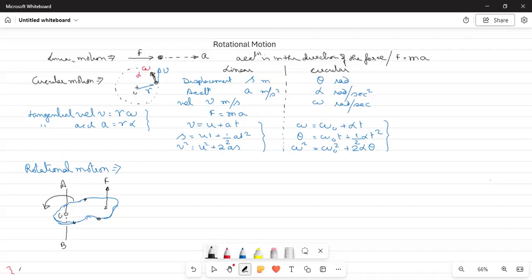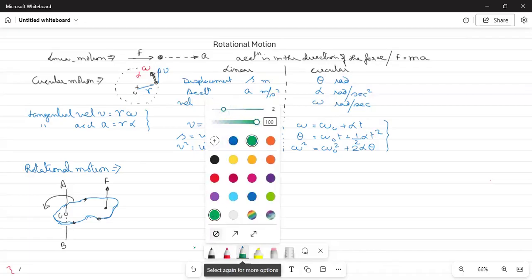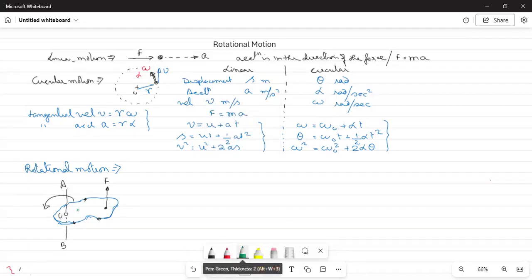If it starts rotating, then the whole body will start rotating, and drawing the picture may be a little difficult, but still I'll try. If it starts rotating, then at some point of time this body will take a position like this.